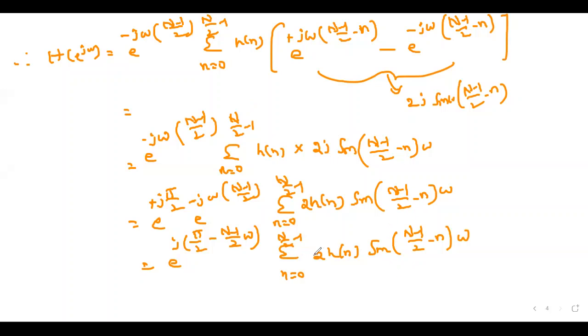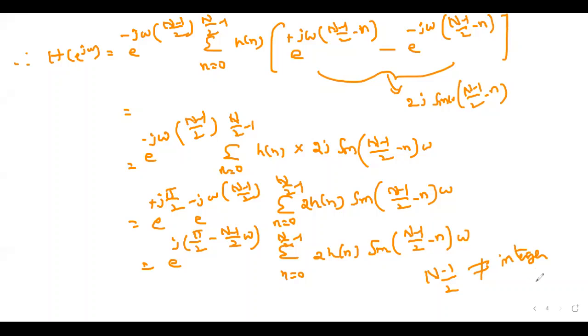Okay, here inside the sine we have N by 2 minus 1. Since N is even, N minus 1 by 2 is not an integer, right? It is not an integer. So the sine of a non-integer value minus n will give you uncomfortable sine values. I mean, it's difficult to calculate these values. So we need to find an integer value.